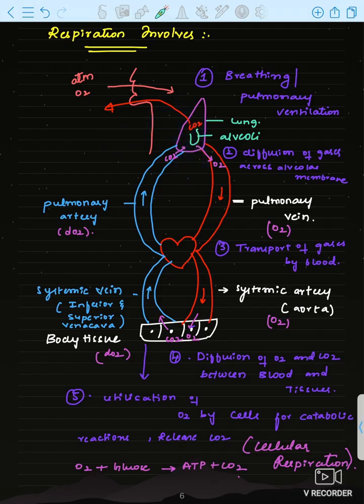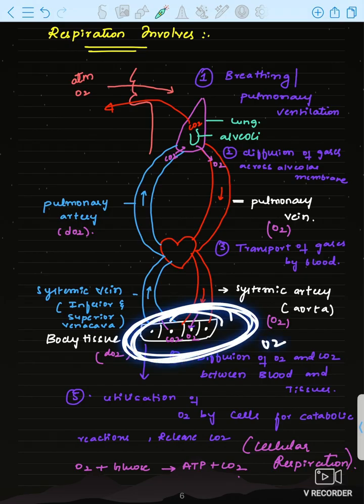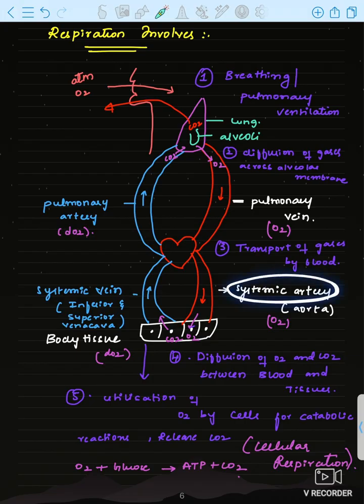First thing is, okay, heart will be there, students. Now from the heart, actually from organs, I will just tell you this, these are organs. Okay, organs need oxygen. So what happens, artery will be there, the systemic artery.